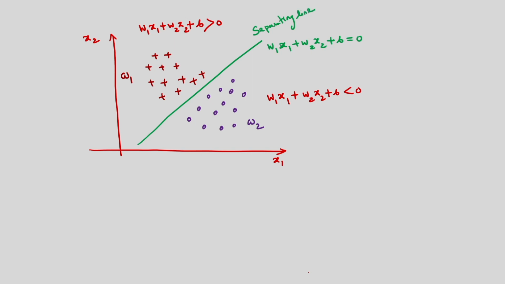So now let us discuss about the concept of the discriminant function. Already I discussed about the concept of the discriminant function, and based on the discriminant function I can take a classification decision. So let us move to the next slide.